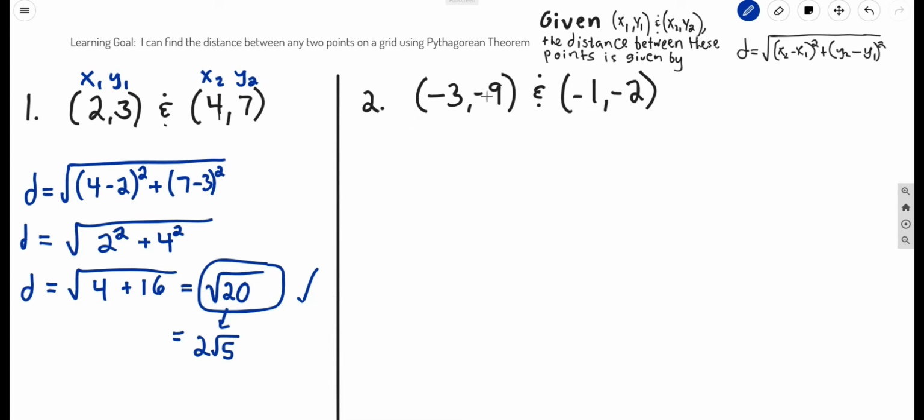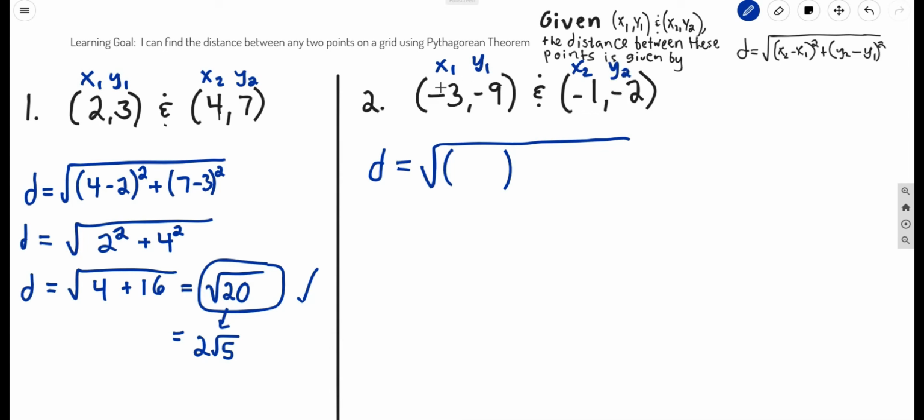We're going to find the distance between the points -3, -9, and -1, -2. We employ that distance formula again. We take the square root of, now we take the x coordinates and subtract them and square it. I'll label these again: x1, y1, x2, y2.